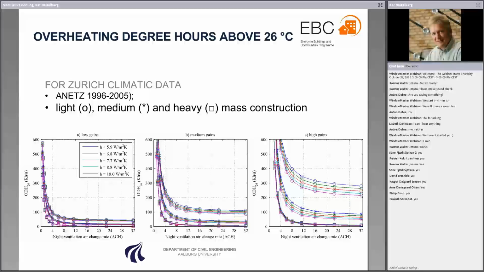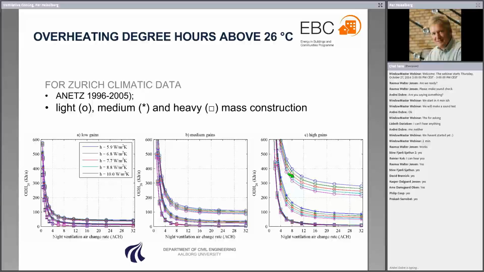And you can also see that here's the green one, if you only have a lightweight building, then even if you have night cooling, you are not able to keep temperatures during daytime at an acceptable level. And if you have high internal heat gains, you could see the airflow rate increases even more. Maybe you have to have something like between 6 to 8 air changes per hour to keep the temperature at an acceptable level.